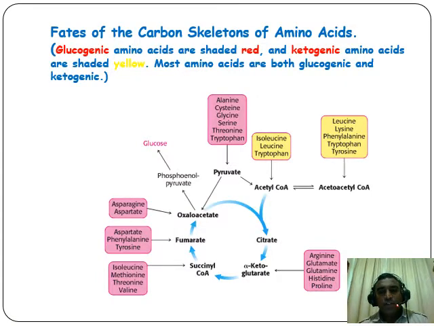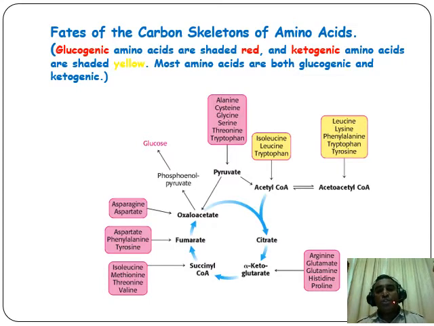So this figure better describes the classification of the glucogenic type of amino acid, indicated in the red boxes, while the ketogenic type of amino acid is based on the yellow boxes. So you have, for instance, alanine, which will form pyruvate.